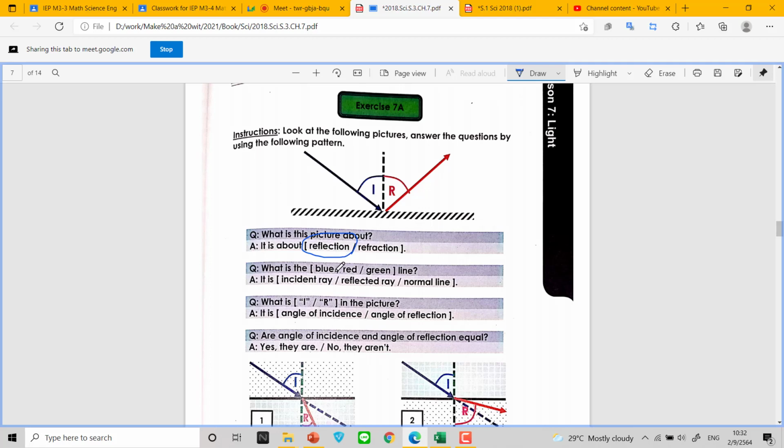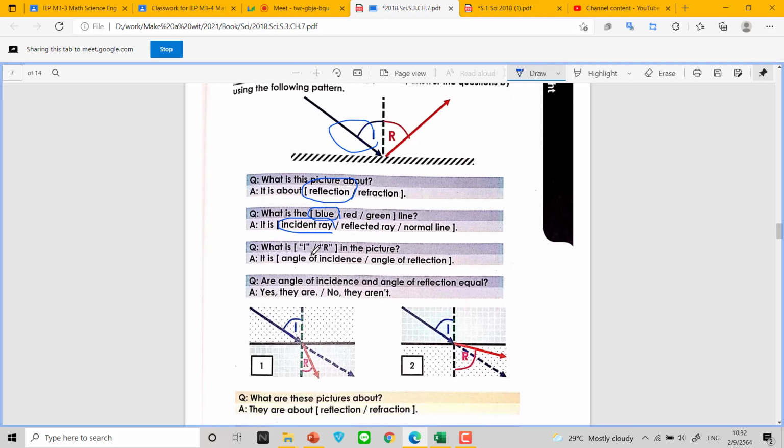What is the blue line, student? Is it the incident ray, reflected ray, or normal line? It is the incident ray. Next one, student. What is I in the picture?